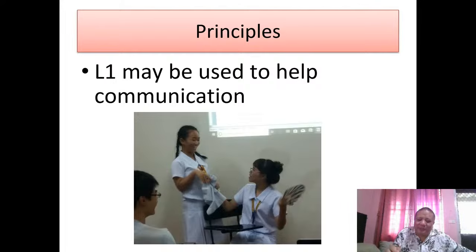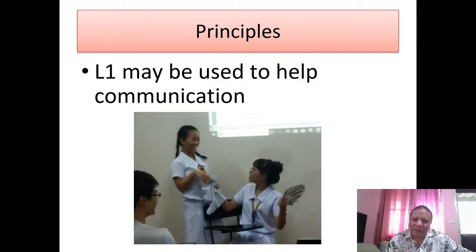And another principle in CLT is that the first language may be used to help communication. The first language is used to bridge communication gaps. This is particularly useful if the second language speaker that you're talking with is also familiar with your first language.